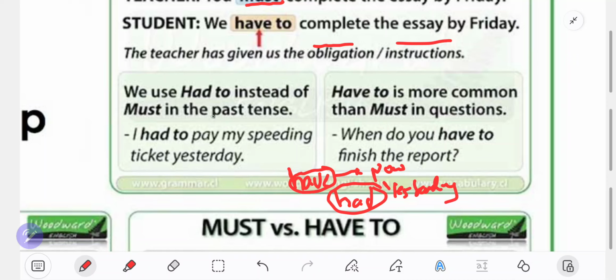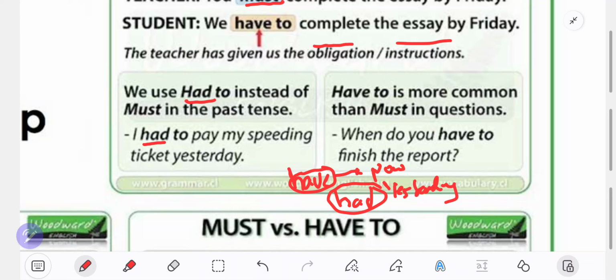You can see in this example, we use had to instead of must in the past tense. I had to pay my speeding ticket yesterday. Don't use I must pay my speeding ticket yesterday. It is wrong.